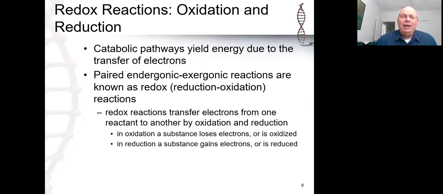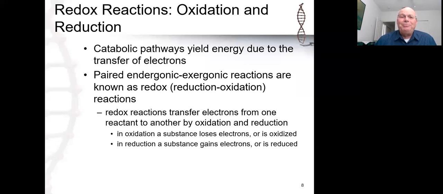And that means we have to have a way of describing this chemically. So chemists have come up with two terms, oxidation and reduction, to refer to this transfer of electrons. Oxidation is one part of the transfer, and reduction is the other part of the transfer.